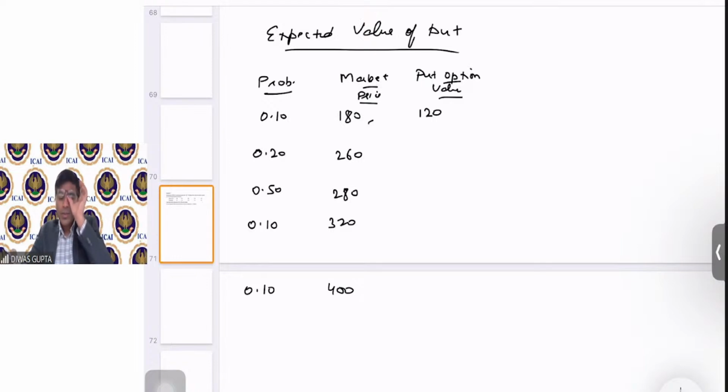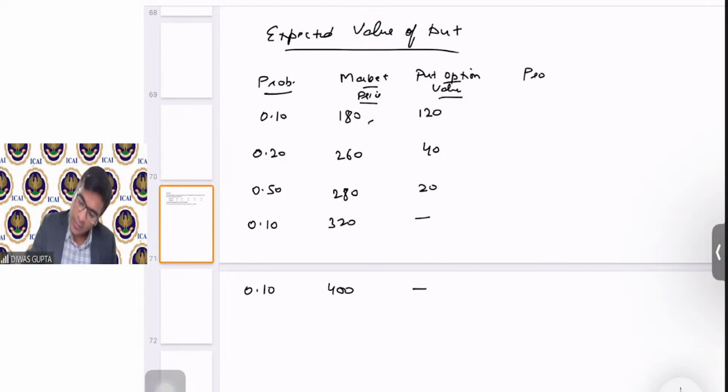Because the person who is holding this instrument will have a gain. And this instrument itself will be in the money, at 120 rupees. Similarly, here it will be 300 minus 260, which is 40, here it will be 300 minus 280, which is 20. Here it will be nil.